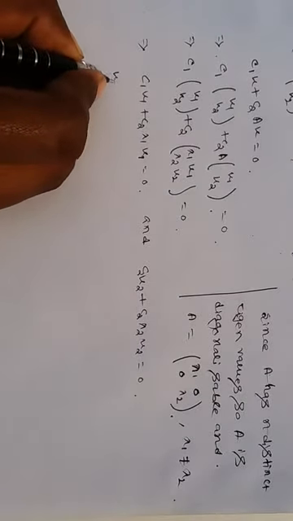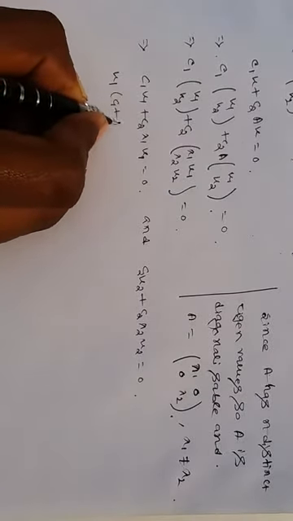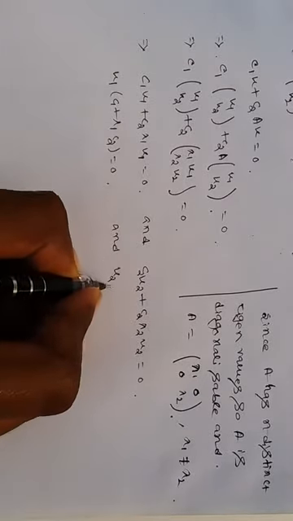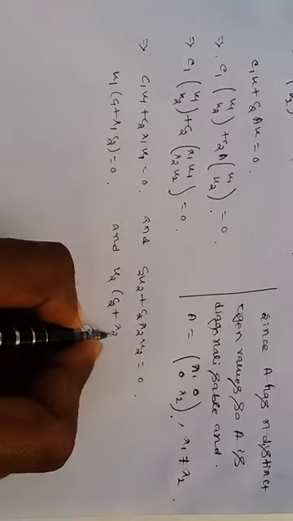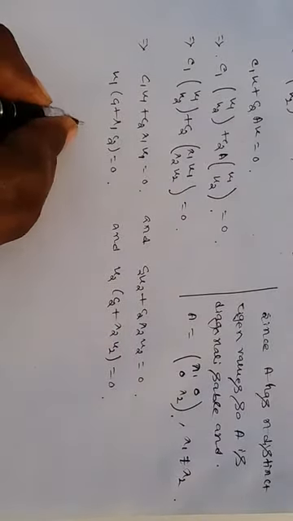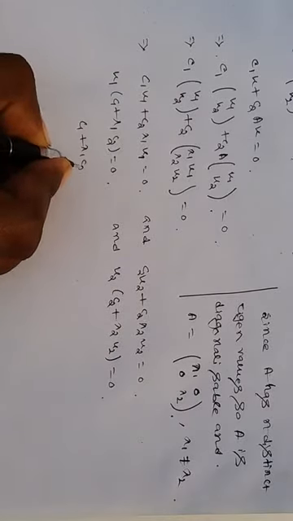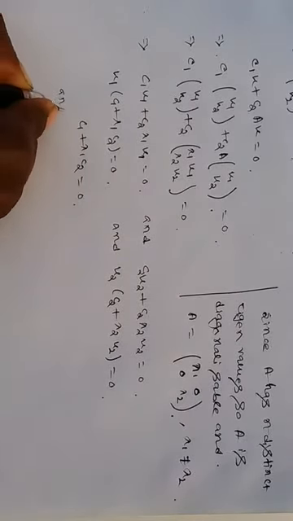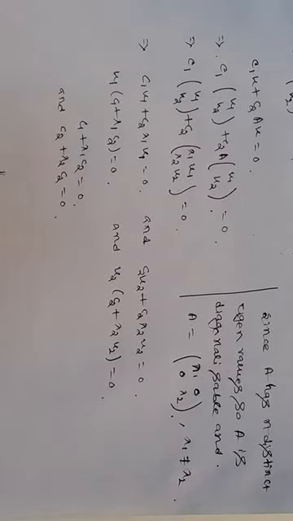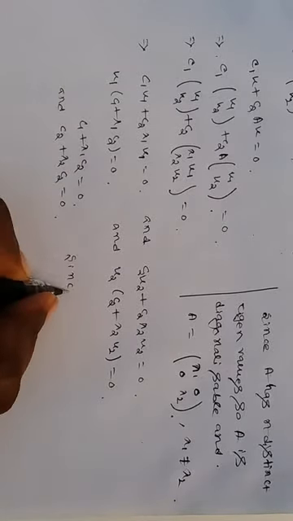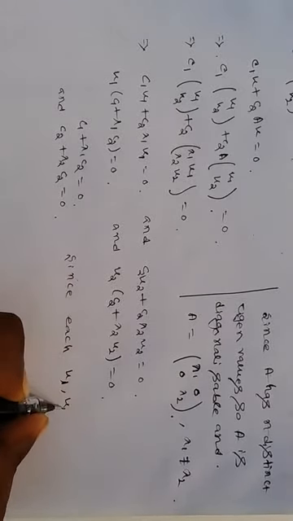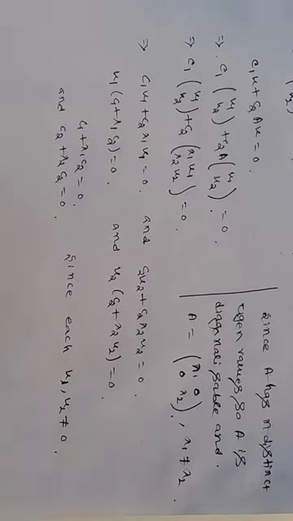From here we get C1 plus lambda 1 C2 equals 0, and C1 plus lambda 2 C2 equals 0, since each of u1 and u2 is not equal to 0.